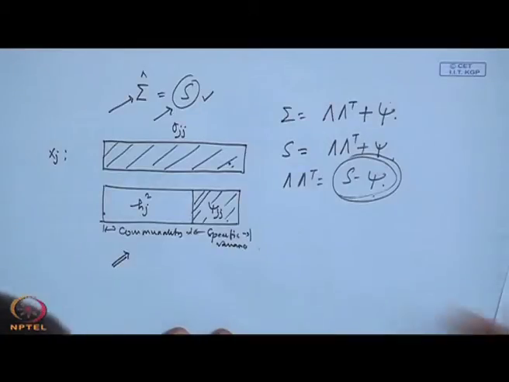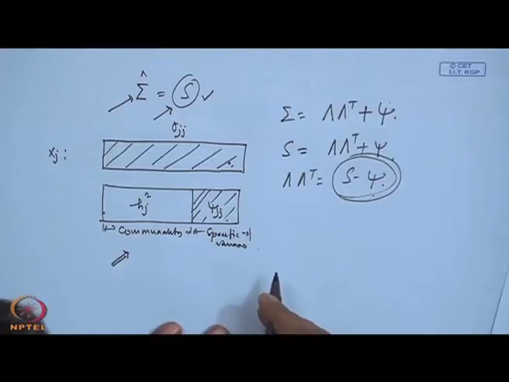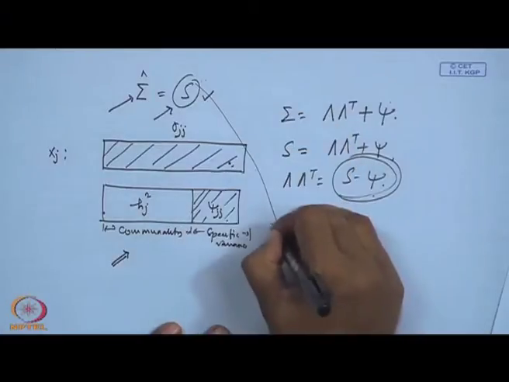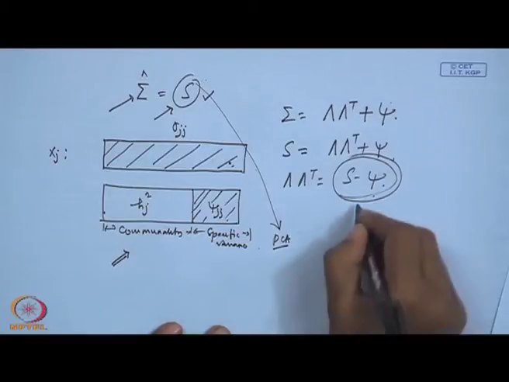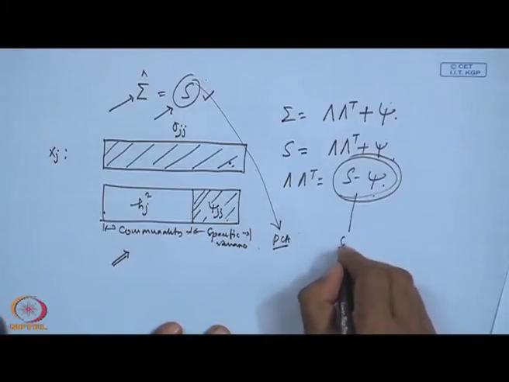Clear? So whatever method we have adopted so far, we have seen principal component, in which you decomposed S in the PCA based method. Here what we are saying is, we decompose S minus psi.